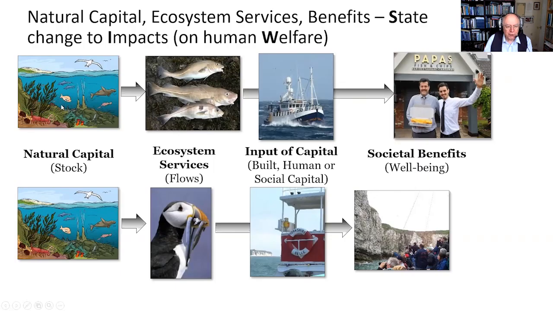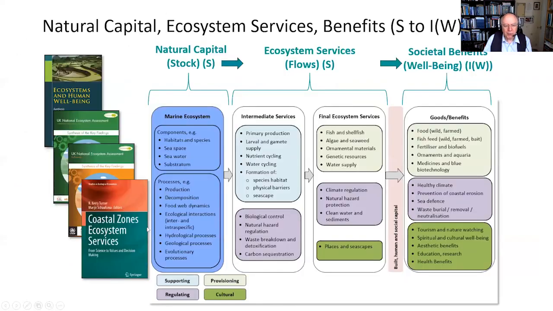If the waters are functioning okay, we get ecosystem services. Now, if we've got the right waves and tides and catchment inputs and so on, we'll get fish. We then put in our human capital, we build fishing vessels, and we learn how to catch these and so on. And we can turn those ecosystem services into our benefits, like fish and chips in this case. And the same for ecotourism along the bottom there.